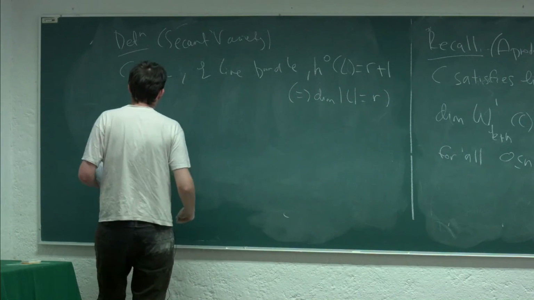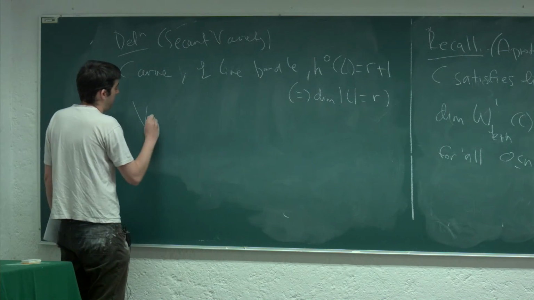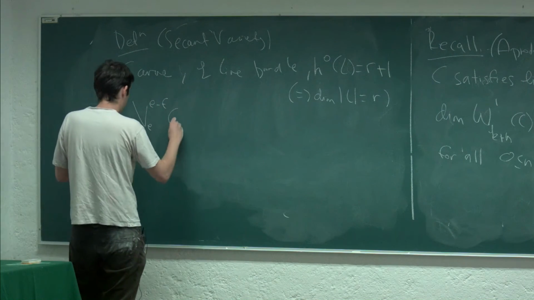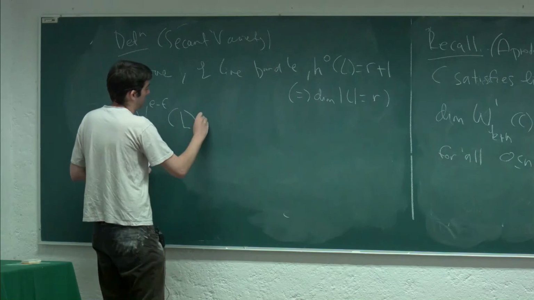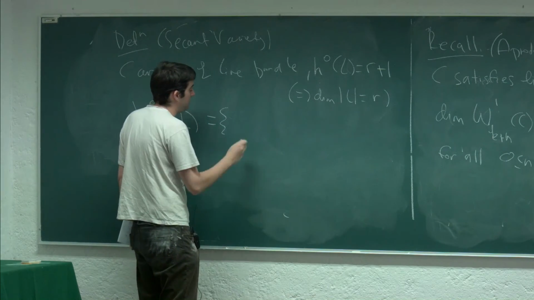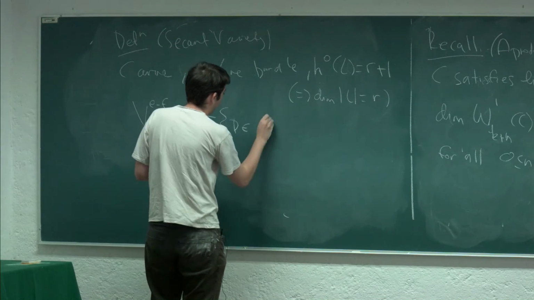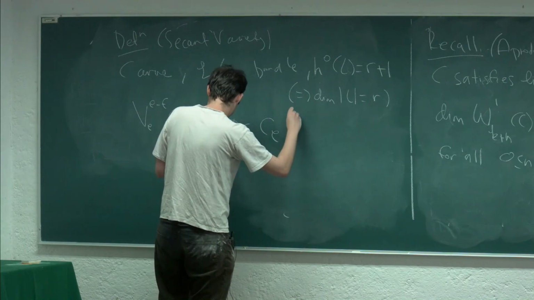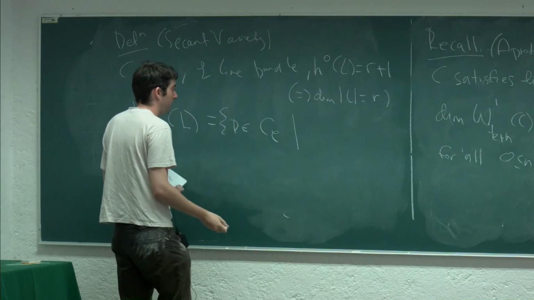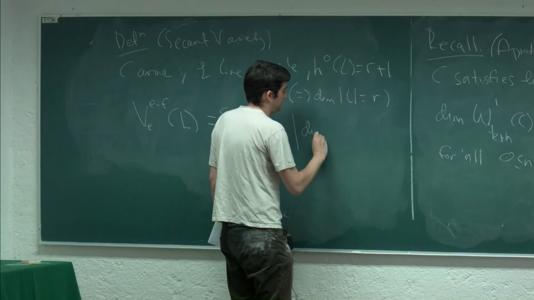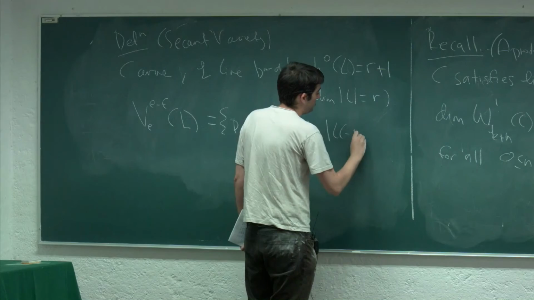Then the secant variety V_{e-f}(L) is defined to be all divisors D of degree e such that the dimension of the space L minus D is 1 higher than you expect.